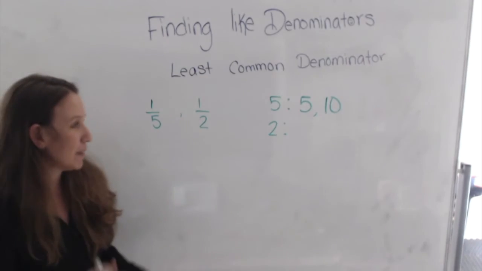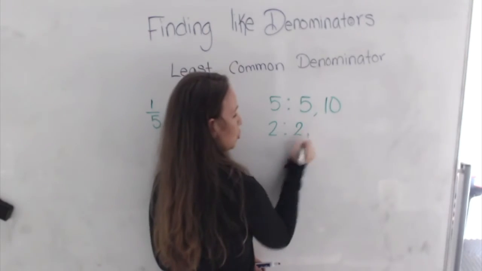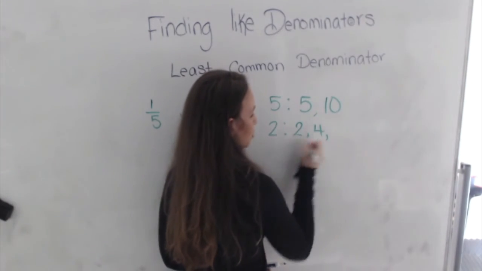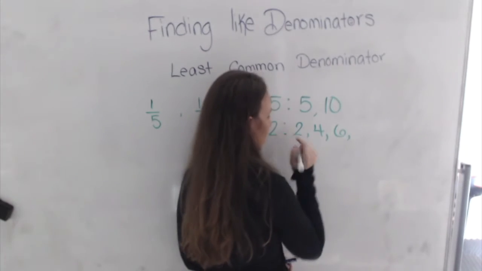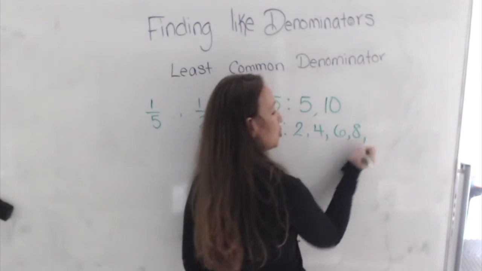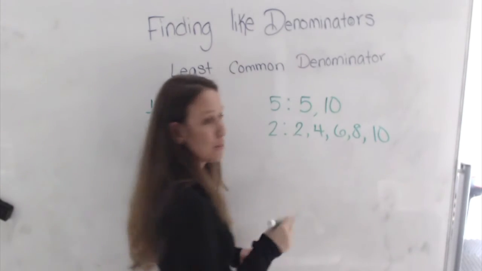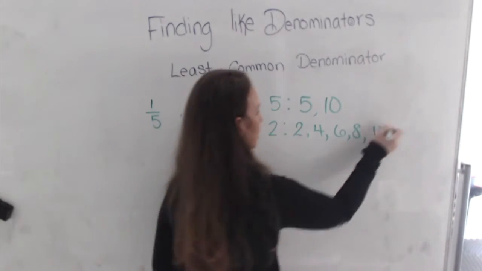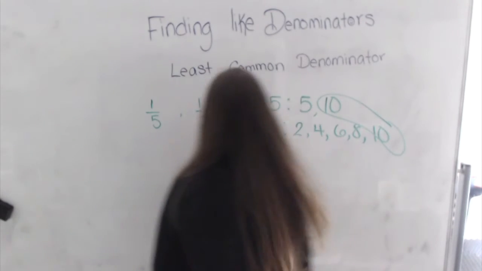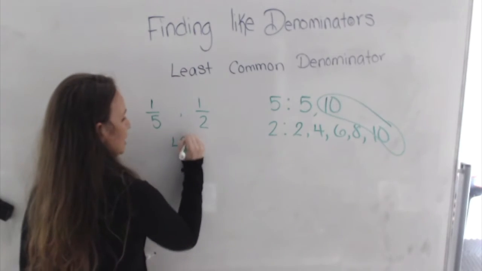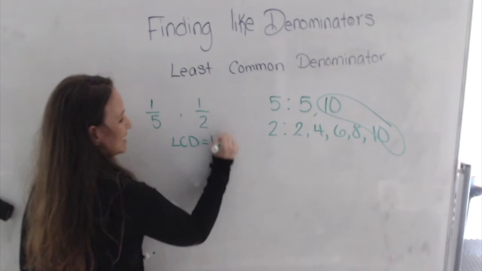Yes, it does, because 2 times 1 is 2, 2 times 2 is 4, 2 times 3 is 6, 2 times 4 is 8, and 2 times 5 is 10. So that was the smallest one, and nothing else matched in between. So my least common denominator is 10.